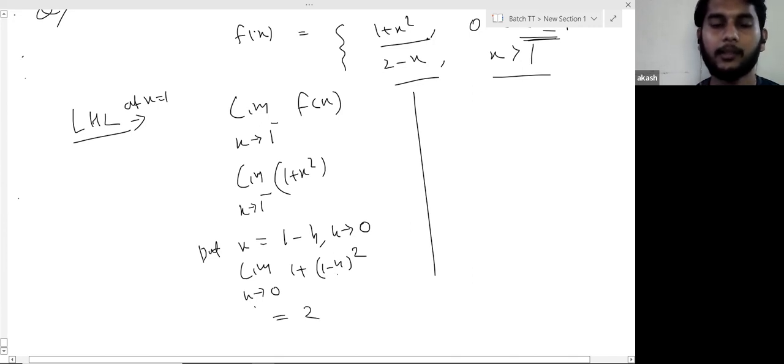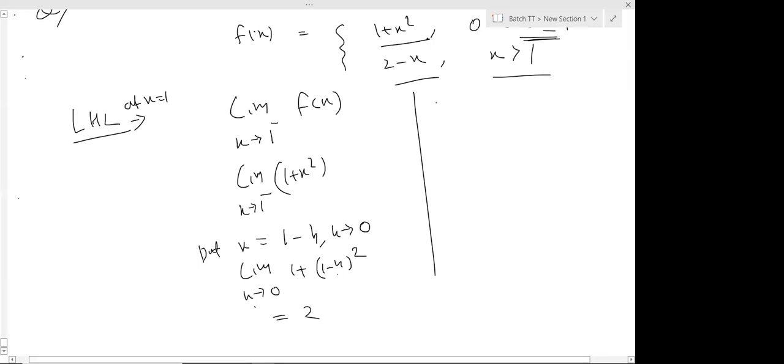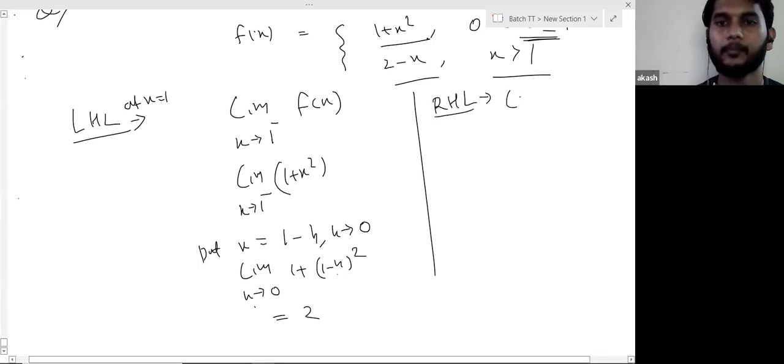Who is not clear in this question? Zaid, Sahel, is this clear? Yes, sir. Now RHL, the limit as x tends to 1 plus of f of x. What will be f of x? 2 minus x, because x is more than 1.